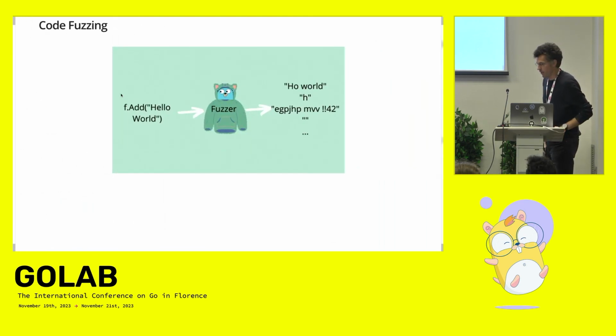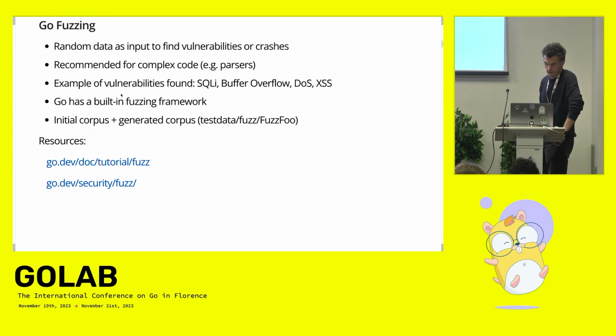Okay, so now let's look at something else. Let's look at code fuzzing. Go has a great fuzzing infrastructure, which was recently introduced. So what is fuzzing good for? Maybe some of you are already familiar.